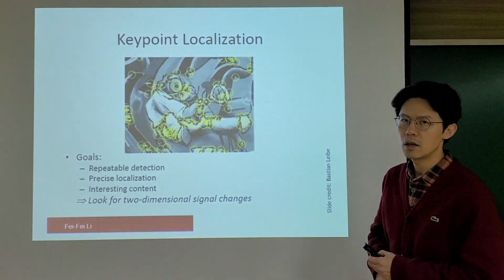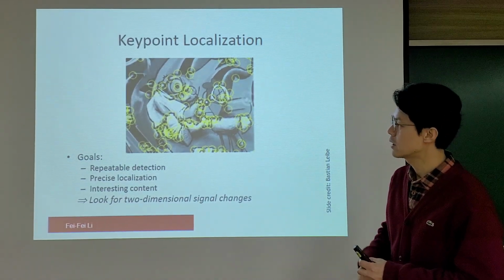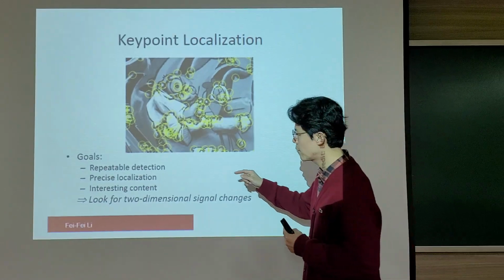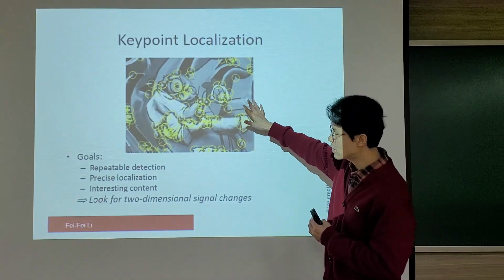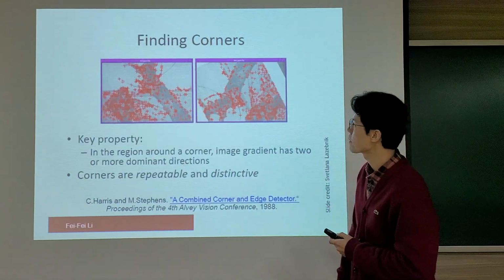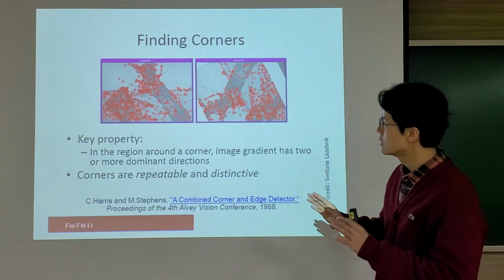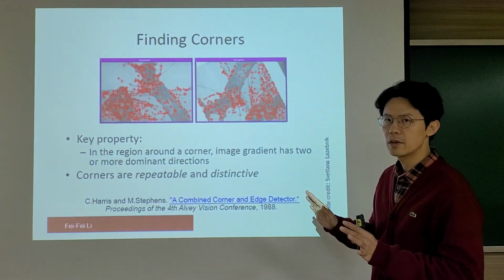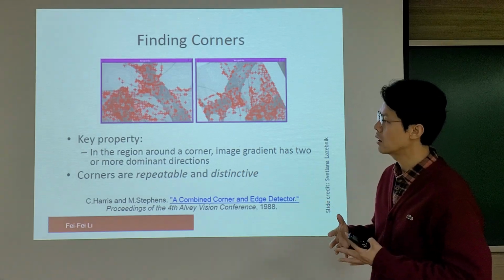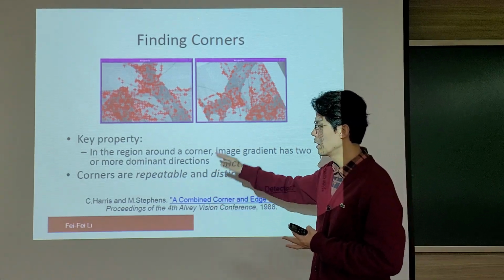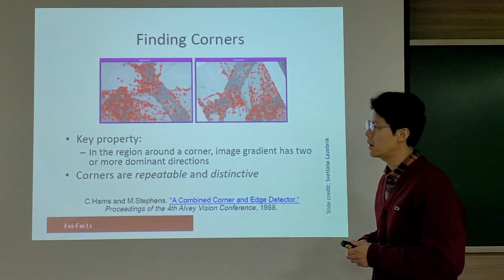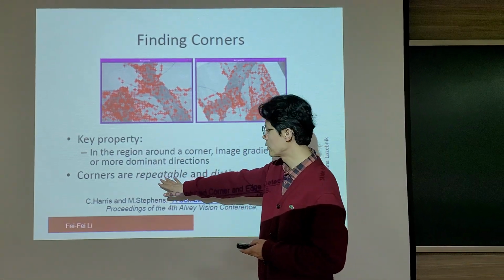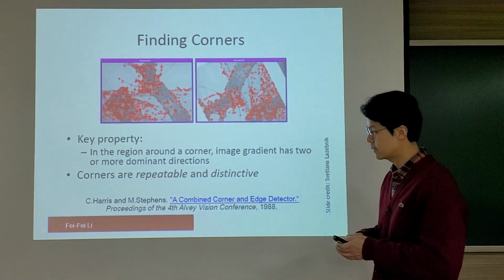And all these approaches mainly look for two-dimensional signal change in the image space. There could be many different key points, but the Harris corner detector looks at corners. It turns out that corners are repeatable and also very distinctive.